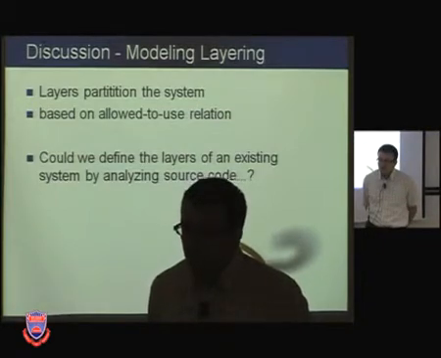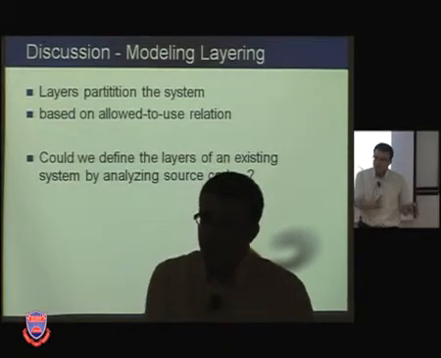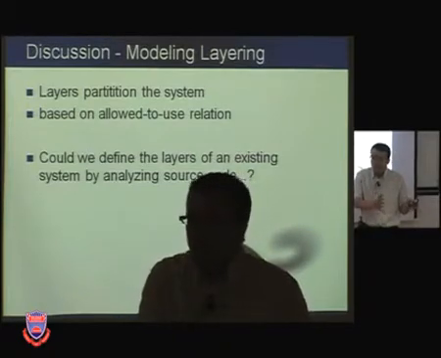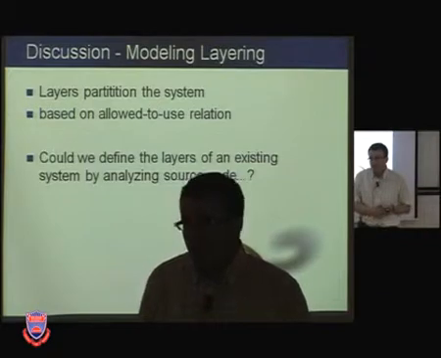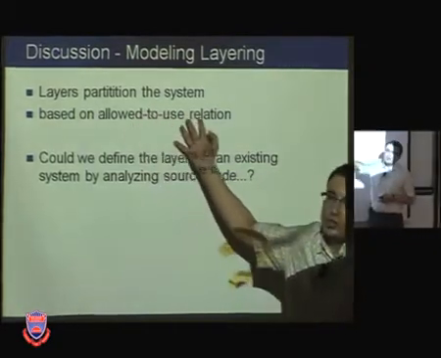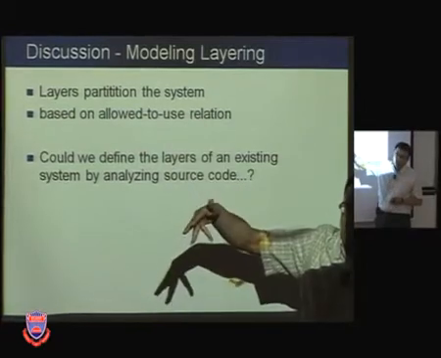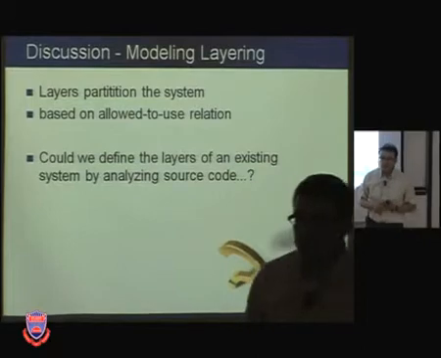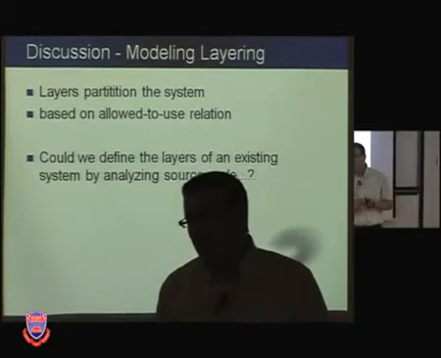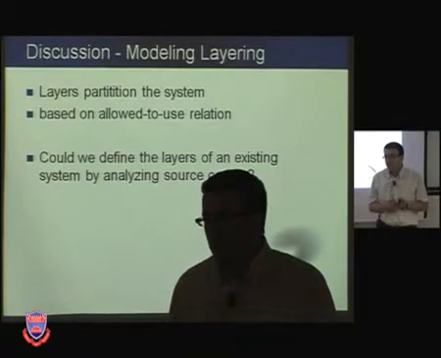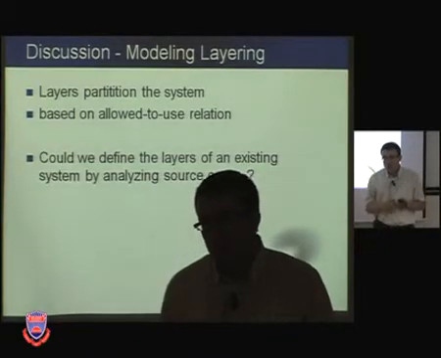We can look at the source code and try to find the use relation. It's possible. There are nice tools for that. But if we say it's allowed to use, not use relation, it's a potential to use relation. What happens to the modules which do not use in the program, but which are allowed to use?